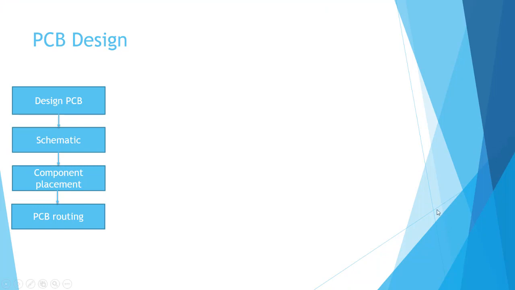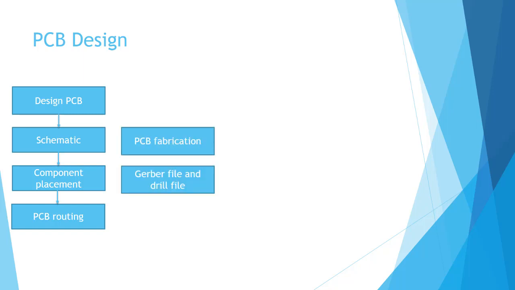PCB design. For designing a PCB, at first we create a schematic and use a schematic library to put the components in the schematic, then place the components in the PCB and then route the PCB. But designing the PCB is not finished by routing the PCB.